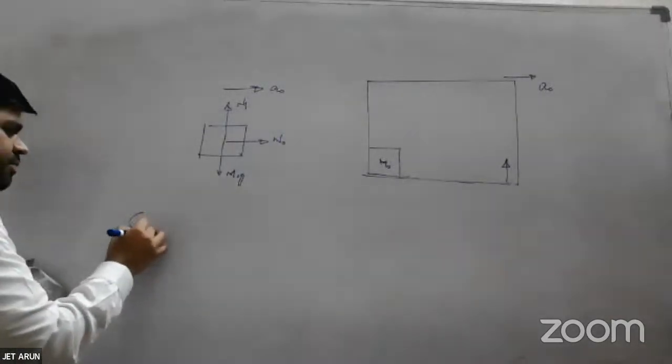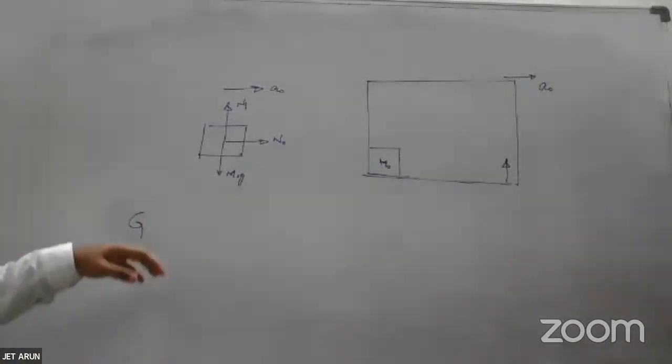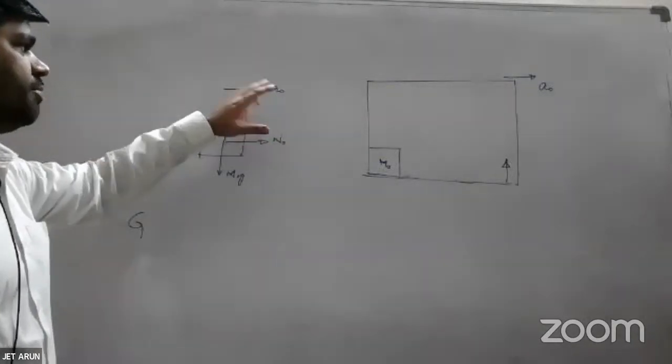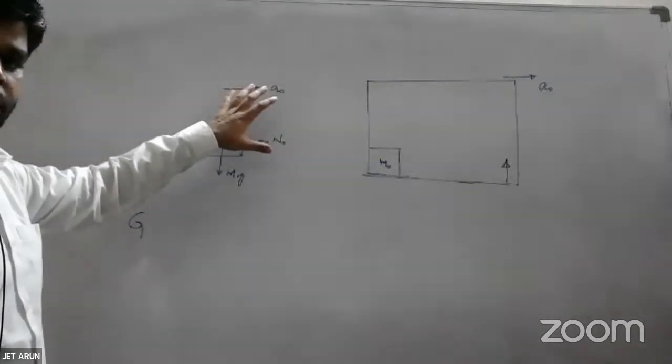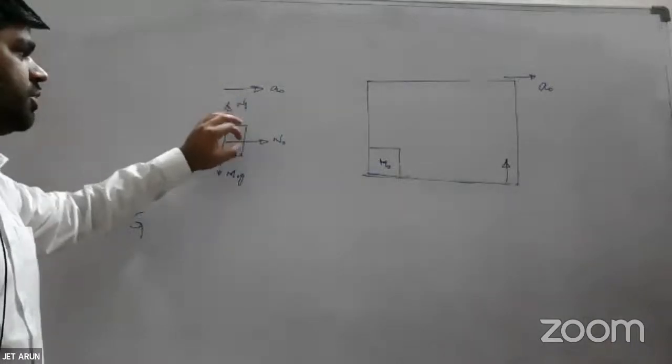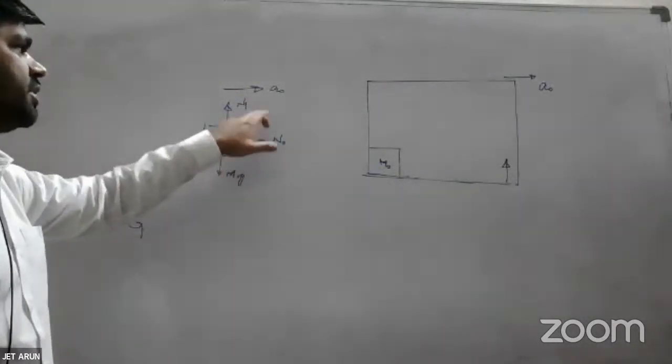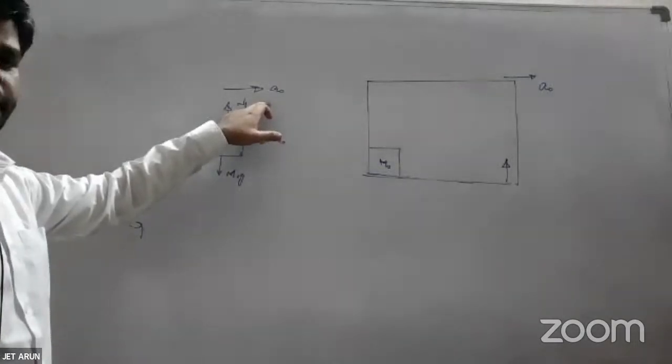From the ground frame, I've got a force towards the right, resulting in an acceleration towards the right. So it makes complete sense. Newton's law is valid because I've got a cause and effect. The normal reaction is acting, which results in a horizontal acceleration towards the right.